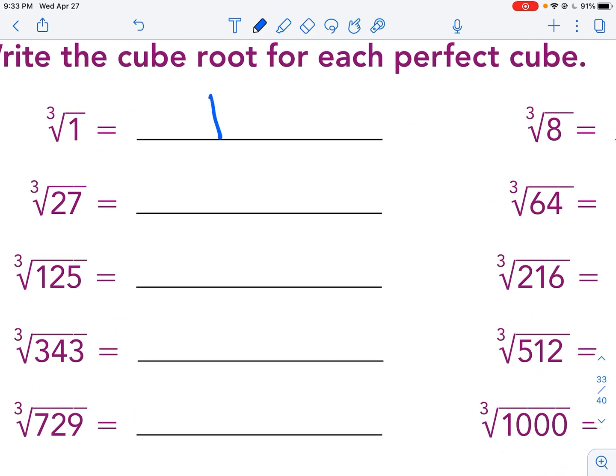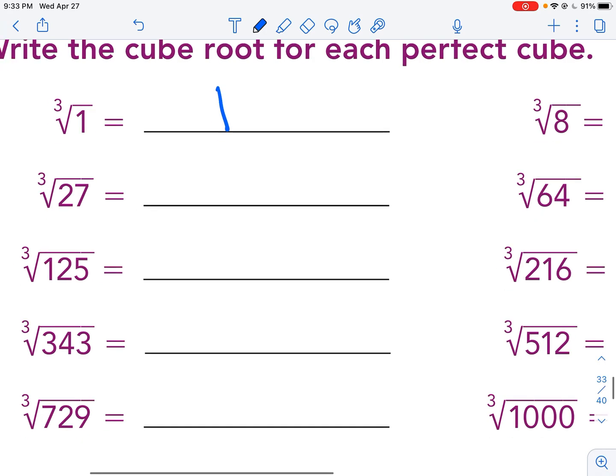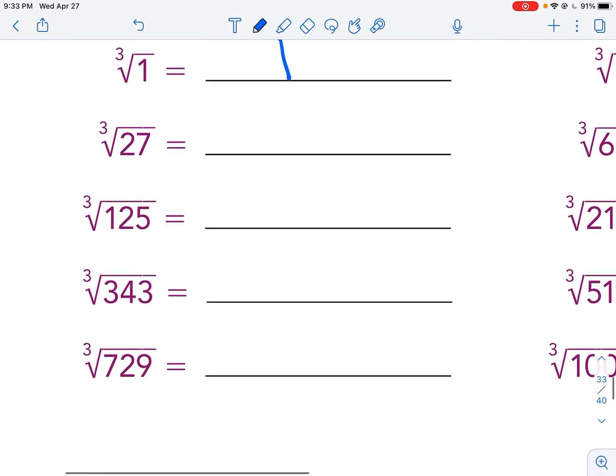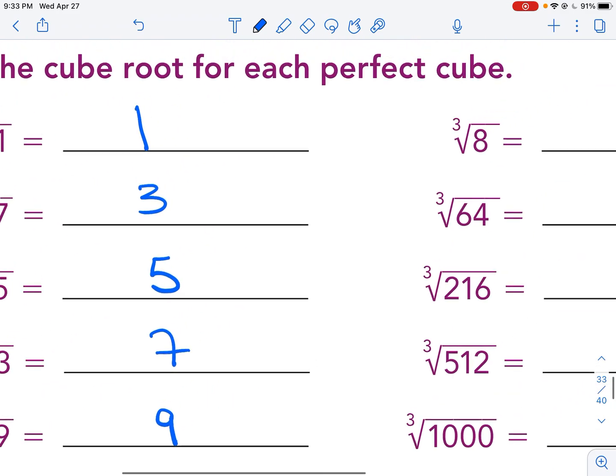What times itself 3 times will get 1? 1. What times itself 3 times will get 27? 3. What times itself 3 times will get 125? 5. What times itself 3 times will get 343? 7. What times itself 3 times will get 729? 9.